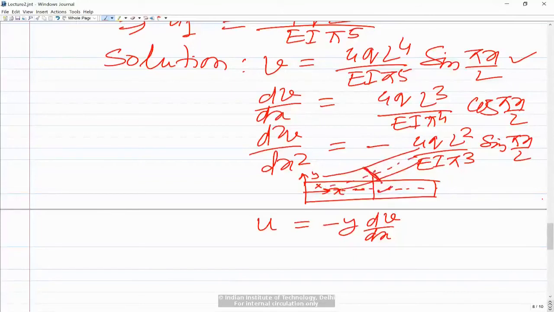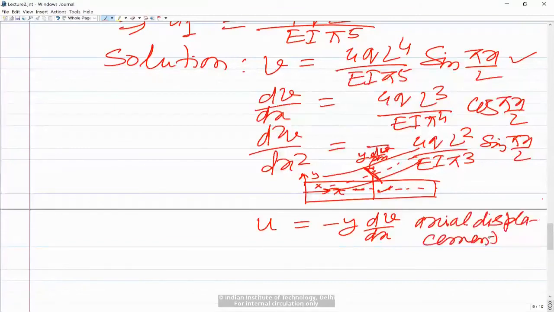Now from the center point, if you take any point on the top side, this distance is y, and this angle is dv by dx. So y into dv by dx is this displacement, but it is along the negative x direction, so this is the axial displacement. Although I will explain this in more detail when I talk of finite elements.